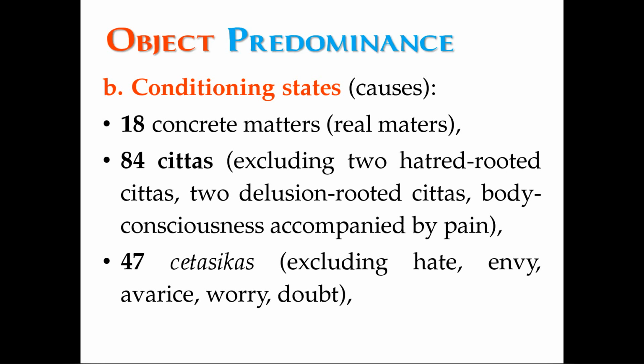These are from unwholesome mental factors, right? Hatred, envy, avarice, worry are associated with dosa, dosa-rooted cetasikas. For that reason, we have to exclude them. And doubt is associated with delusion-rooted chetas, right? For that reason, we have to exclude it. So 47 cetasikas.